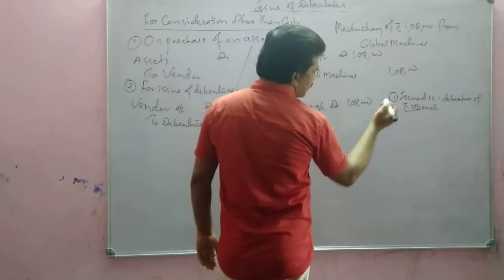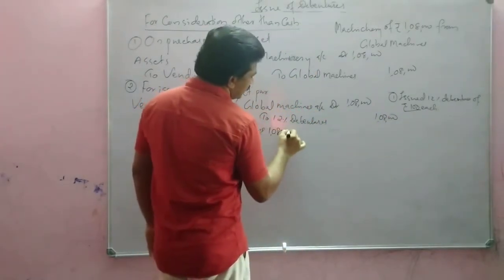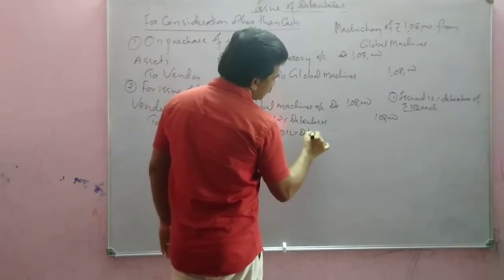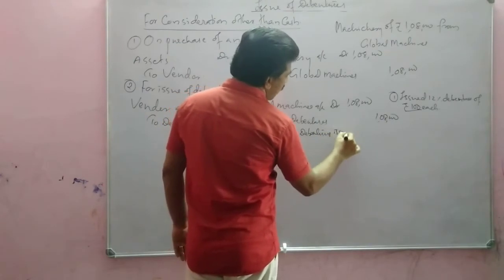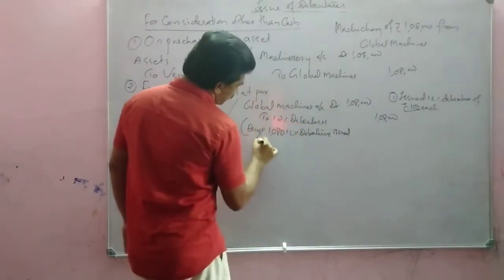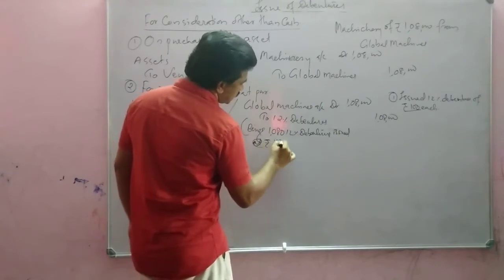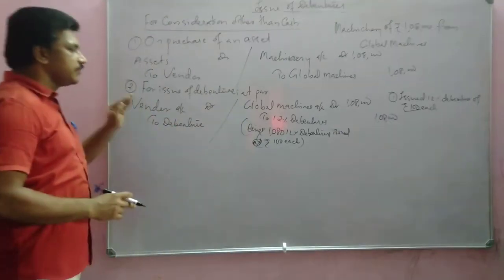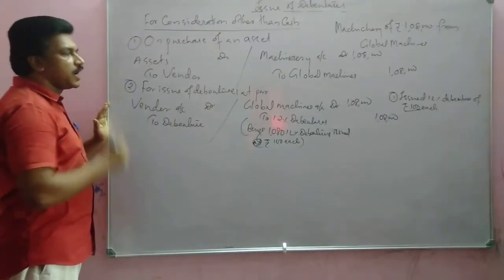So 1,080 debentures, 12% debentures issued at the rate of rupees 100 each. So that is issued at par.